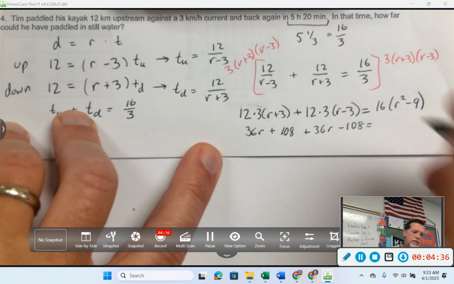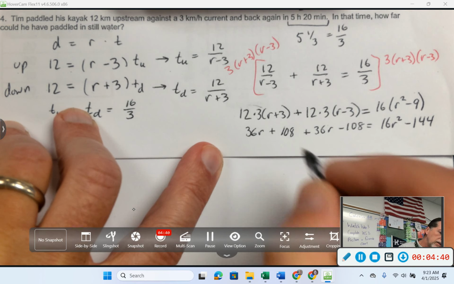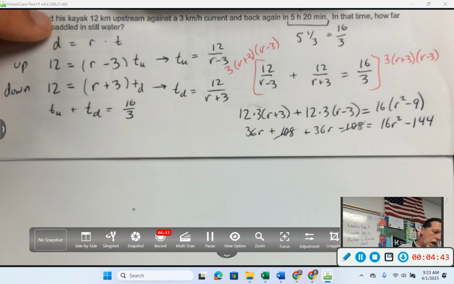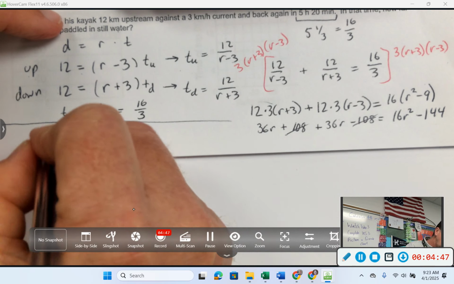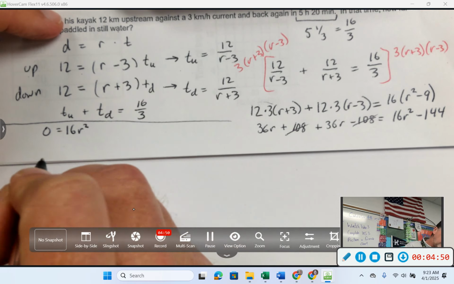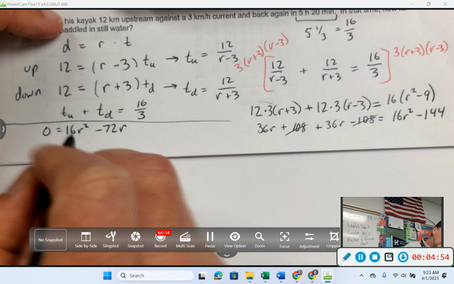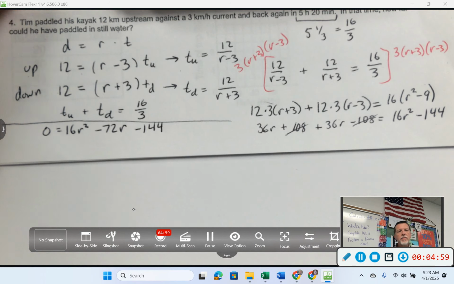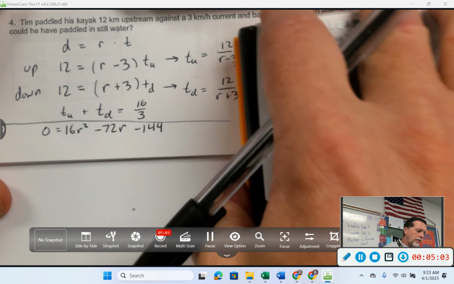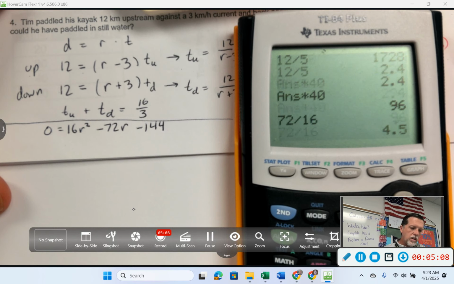That's 16R squared minus 144. All over the place here. So 16R squared minus 72R minus 144. It'd be great if 16 went into everything, but I don't think 16 goes into 72, so 16 won't work.